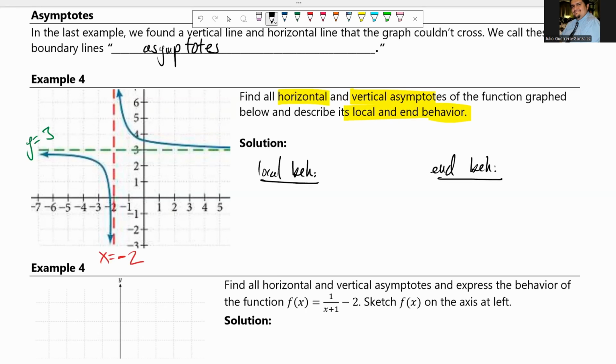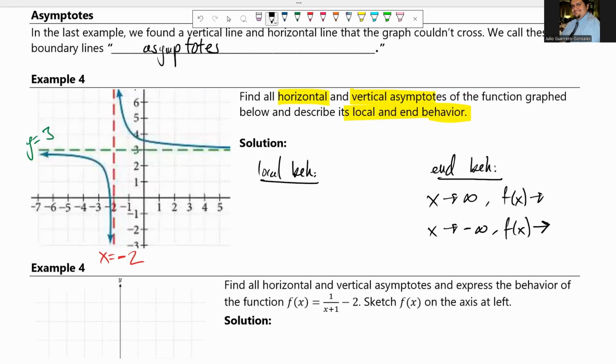Let's do the end behavior first. That's the one where x goes to infinity and x goes to negative infinity. I'm just going to write these out so I can fill them in after that.